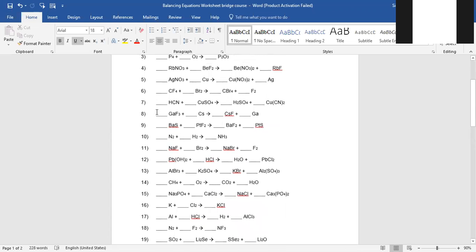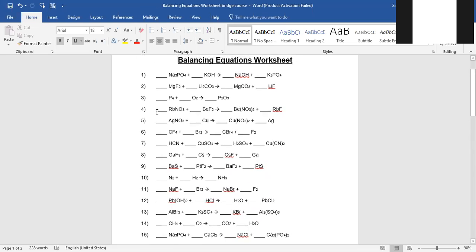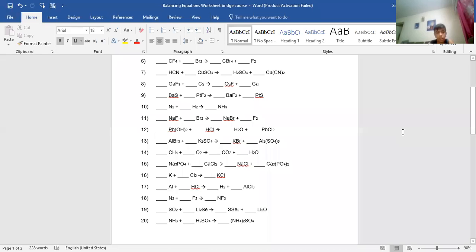That's why I'm doing it beforehand. Yes, this is 16 to 20. Along with this, I will send you one more worksheet also. I think this work is enough for this week. No, sir, you can send more. Yes, I'll send that worksheet also along with this if possible. You can finish that also.